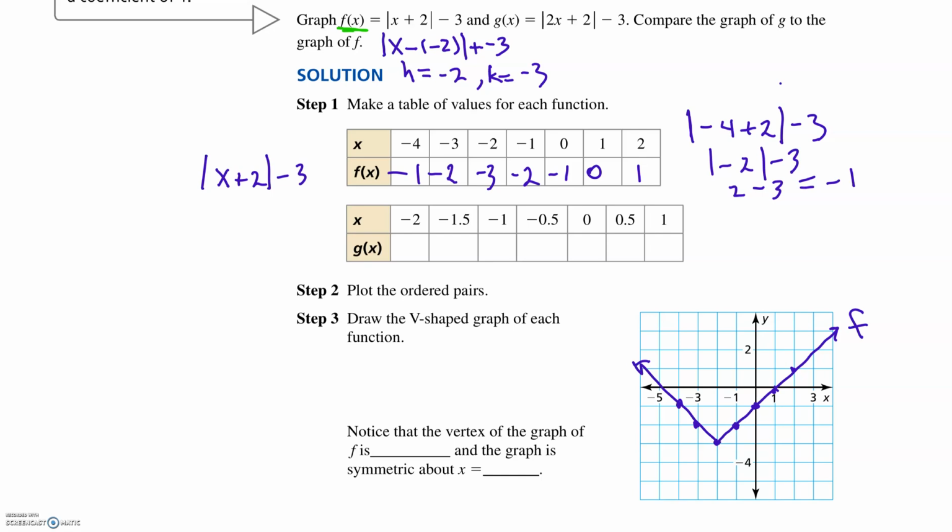Now we're going to fill in the table for the function g. So for the function g, absolute value of 2x plus 2, minus 3. This is not vertex form because that 2 is inside with the x, not out in front of the absolute value. But we can still graph it. It'll still be a V shape. So we're going to plug in x equals negative 2. 2 times negative 2 is negative 4.